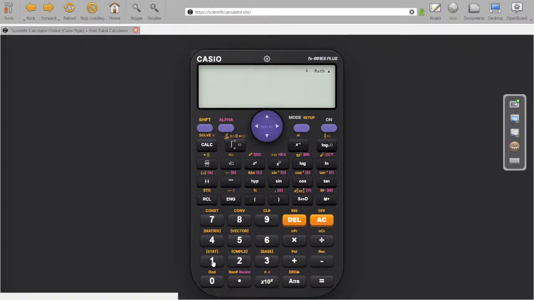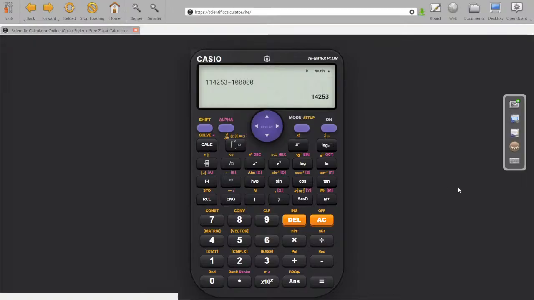Alright, so let's just use the numbers. So we've got 114,253 minus 100,000.